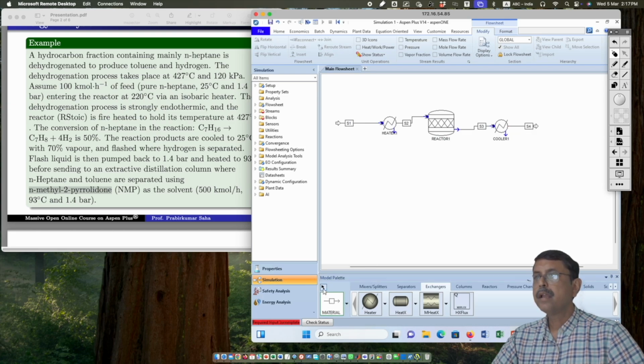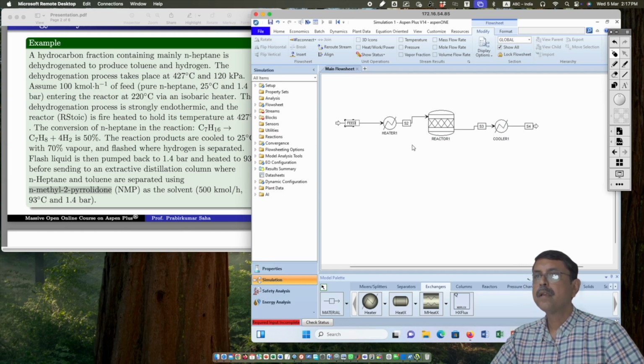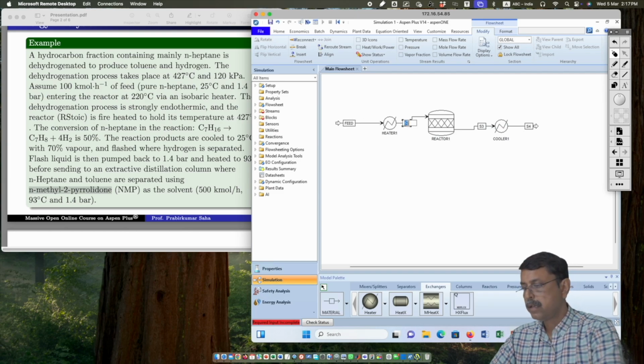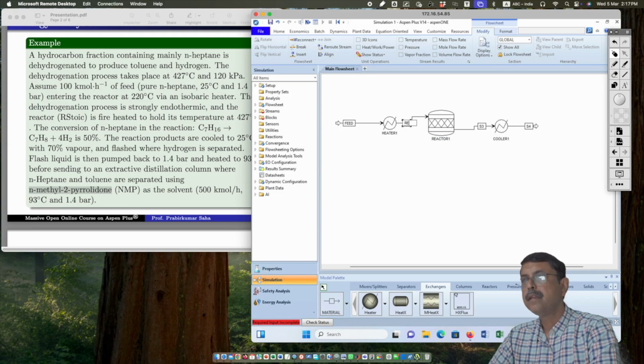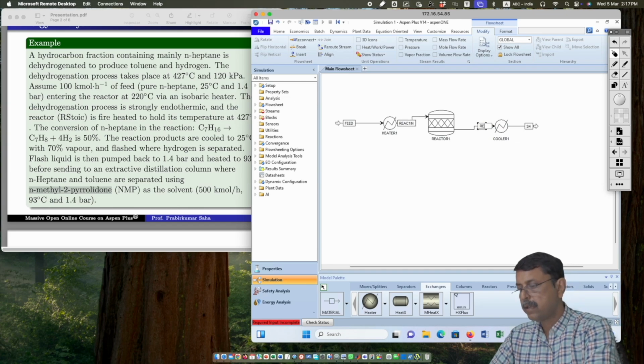Okay, now this is feed. Let us write react in, or react 1 in. This is react 1 out.